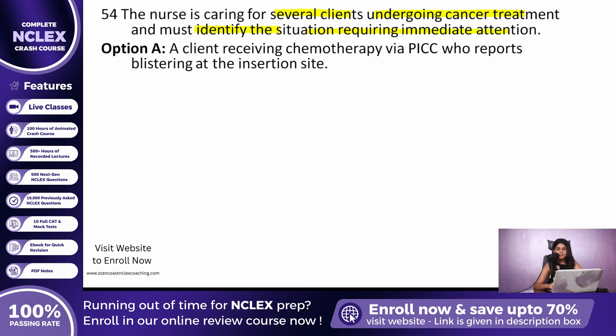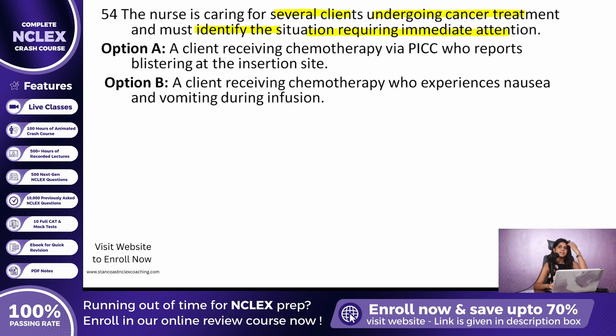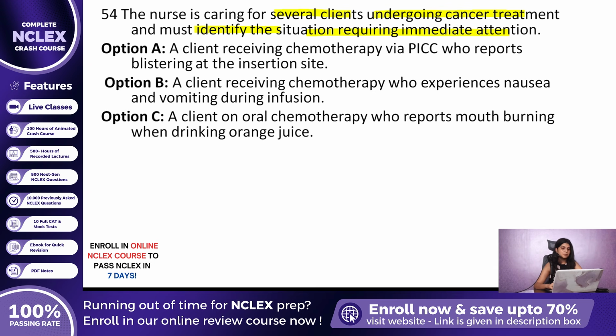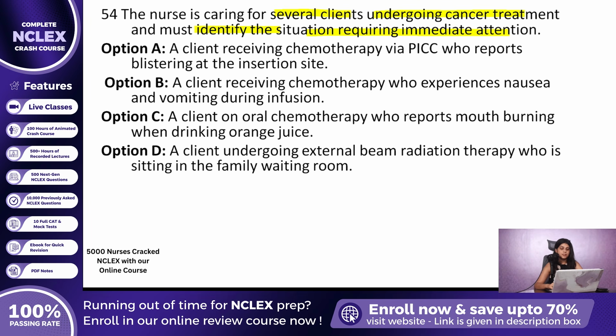Option B, a client receiving chemotherapy who experiences nausea and vomiting during infusion. Option C, a client on oral chemotherapy who reports mouth burning when drinking orange juice. Option D, a client undergoing external beam radiation therapy who is sitting in the family waiting room. The correct answer is Option A, a client receiving chemotherapy via PICC who reports blistering at the insertion site.